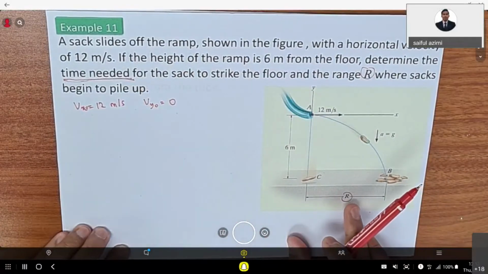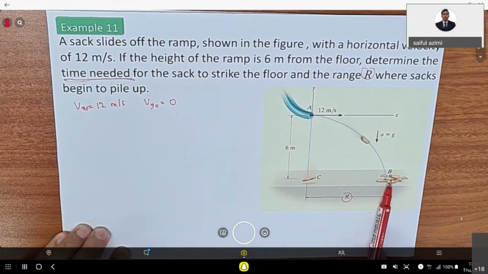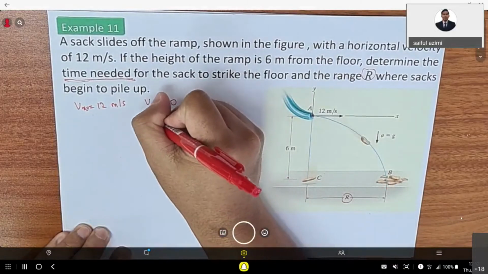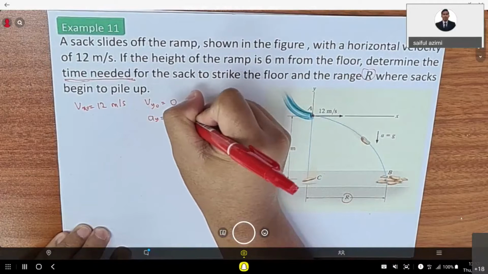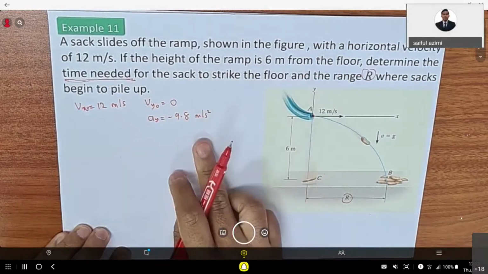Between point A and point B, of course, it has the acceleration Ay equal to negative 9.8 meters per second squared, because it is gravity.